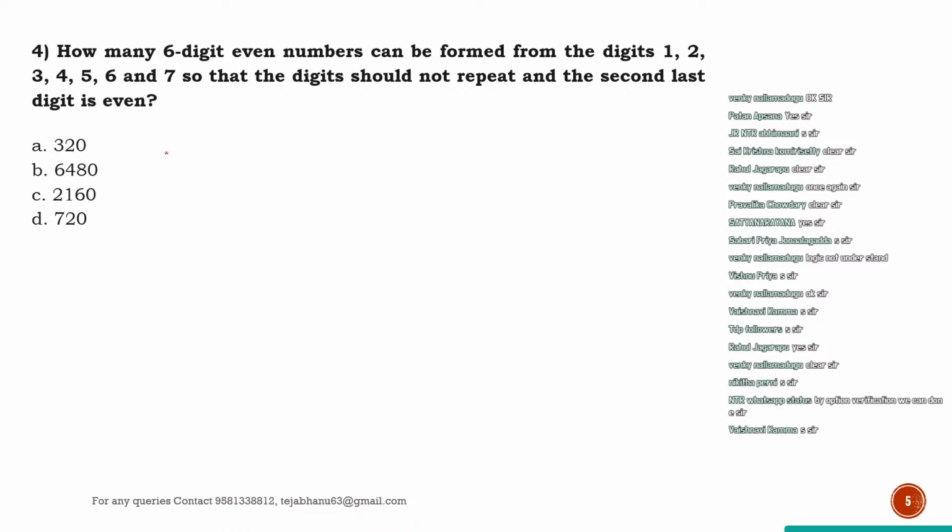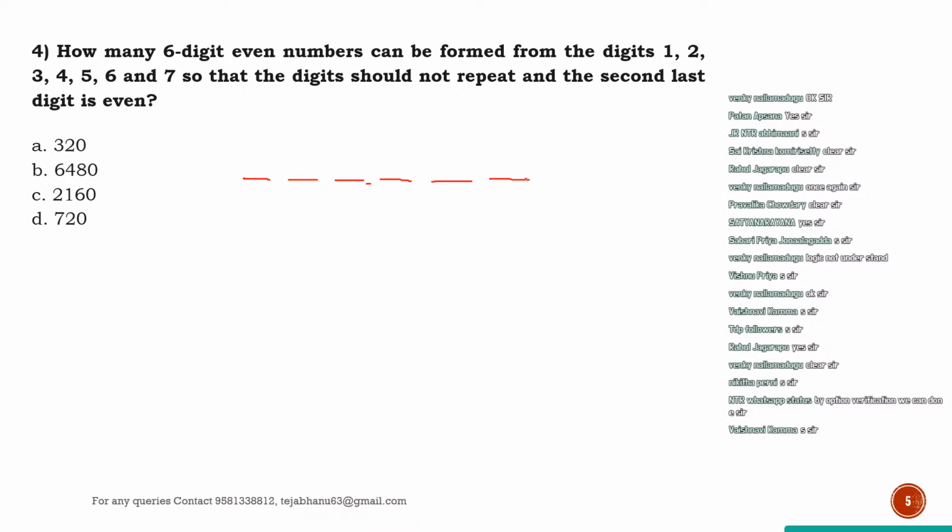How many 6-digit even numbers can be formed from 1, 2, 3, 4, 5, 6, 7 so that the digits should not repeat and the second last digit is even? He asked us to form a 6-digit even number.